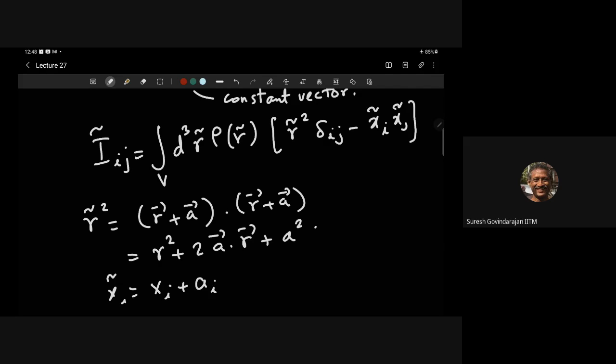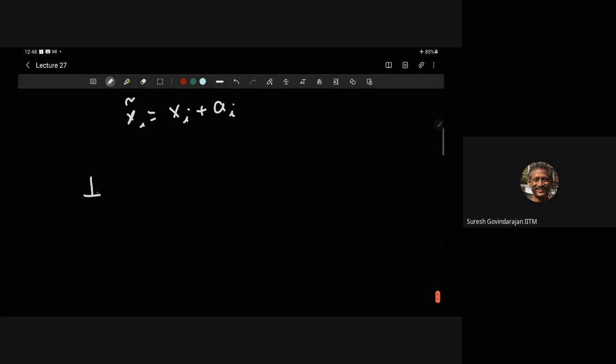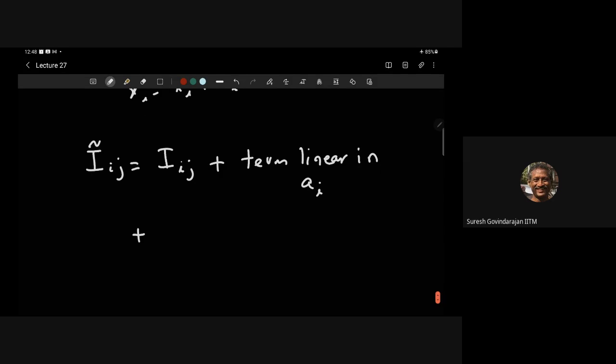So I tilde ij will have one term which is I_ij, plus a term linear in A, which I'm not writing, but I'll write the last term.